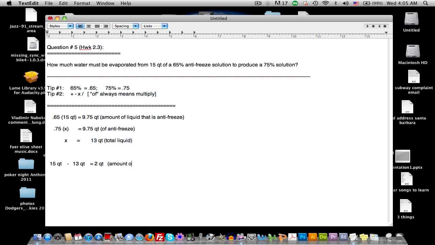That is the amount of water that was lost through evaporation. Since water was the only thing that we lost, we did lose 2 quarts of water. And that's what was asked: how much water must be evaporated? Well, there you have it. The answer is 2. I hope that helped.